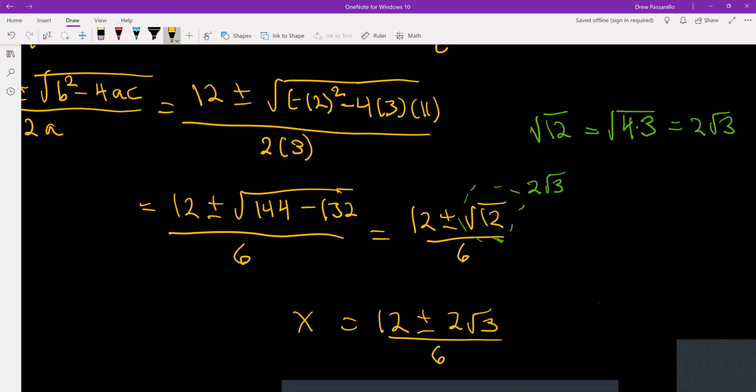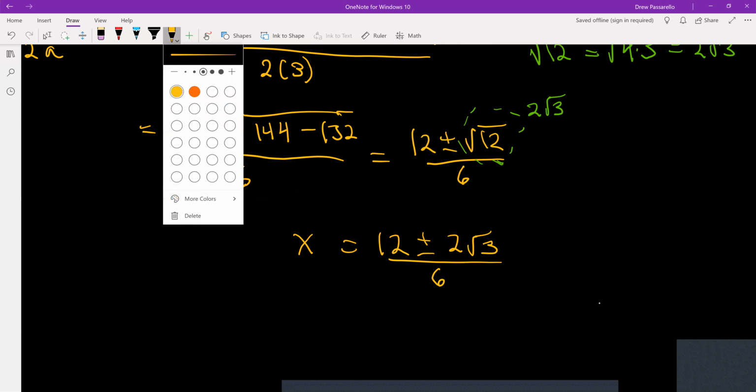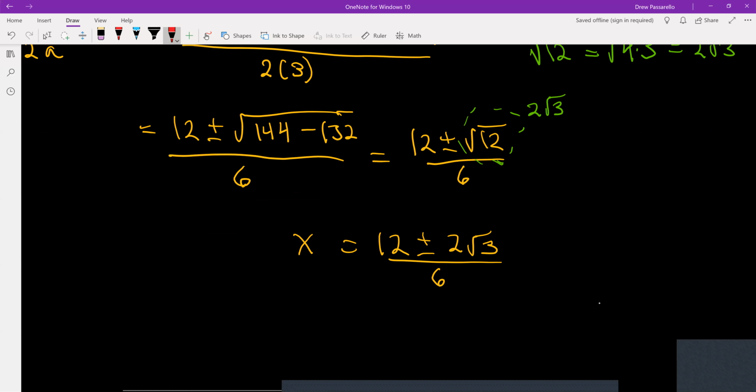And then I would just divide out. The common factor for all 3 components is that they are all divisible by 2. So I could divide 12 by 6, and that's going to make that 2. Sorry, actually, let me write it out like the following.